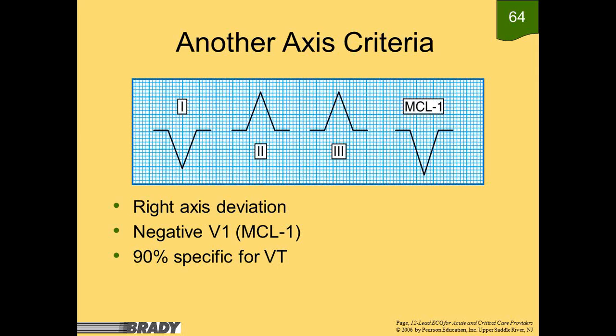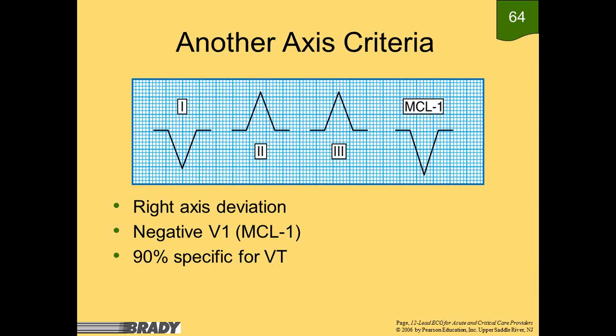Here's another criteria. Instead of extreme right axis, if we have right axis deviation, so lead 1 is down, 2 and 3 are up, but our MCL is down, or our V1 is down. So it's down, up, up, down.